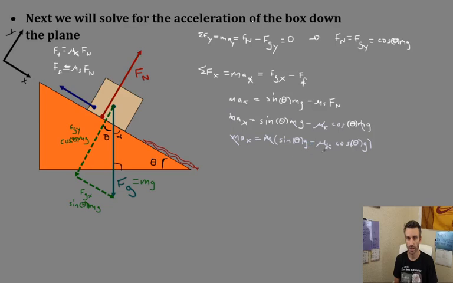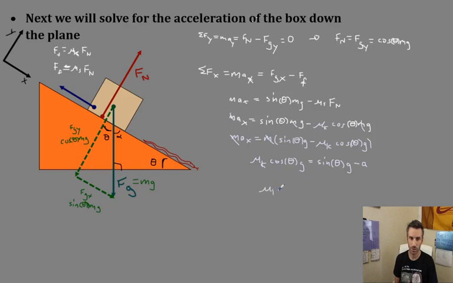I can add mu k cosine theta g to each side and subtract a from each side. So that means that mu k cosine theta g is equal to sine theta g minus a. And then divide each side by cosine theta g.